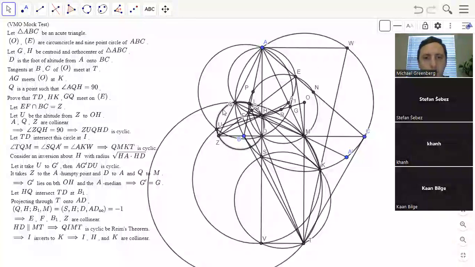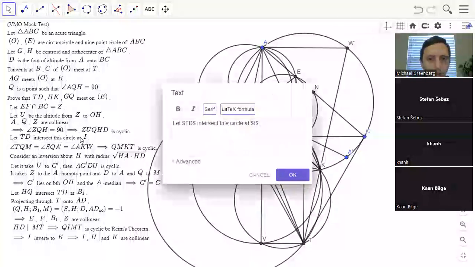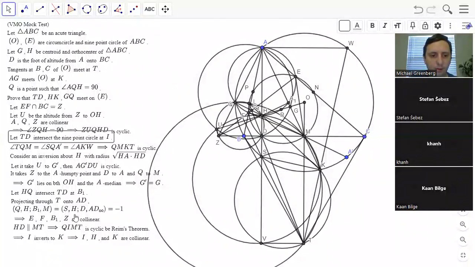Okay, so we should define I the other way. I don't think we use I anywhere here, right? So I could just say let TD intersect the 9-point circle at I. And then if we define it that way, we could show QIMKT is cyclic.